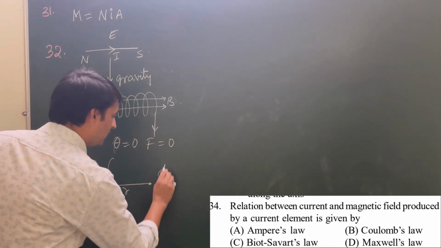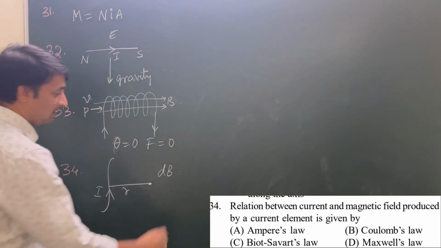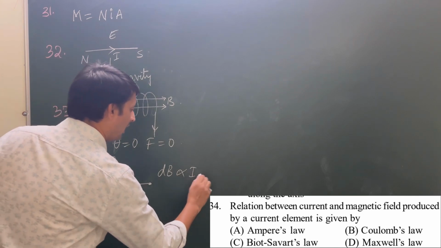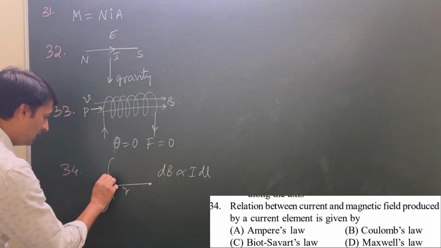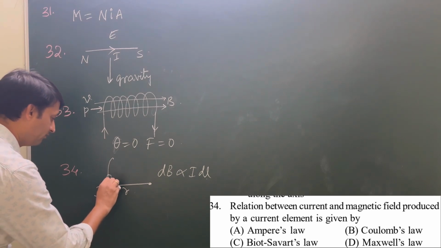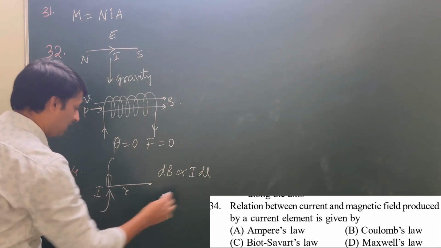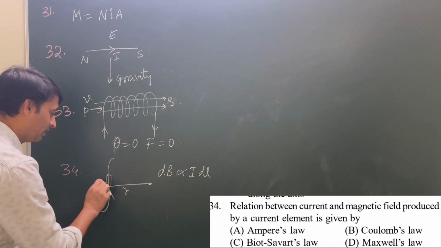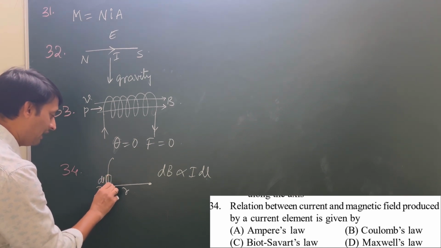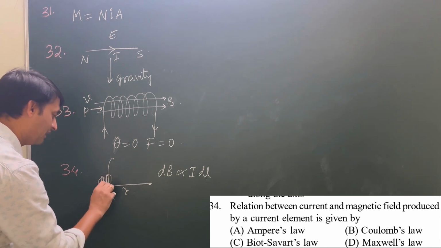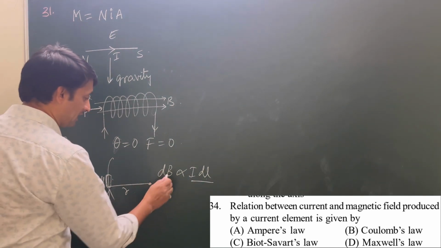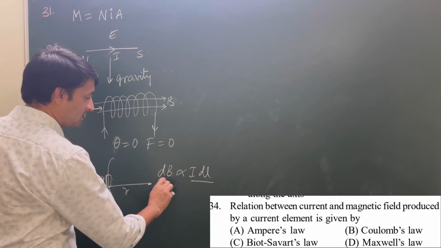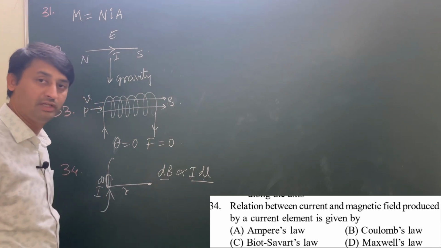This magnetic field produced is directly proportional to I into dl. Here dl is the small length. I into dl is called the current element. This length and the current which is flowing through this length is called a current element. The magnetic field produced at some distance is directly proportional to I into dl.